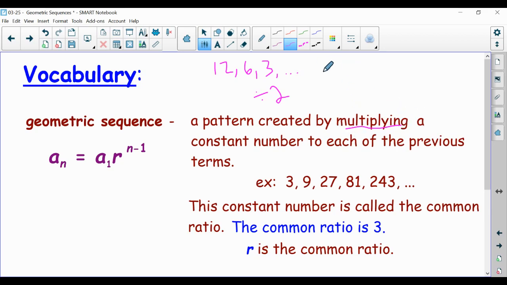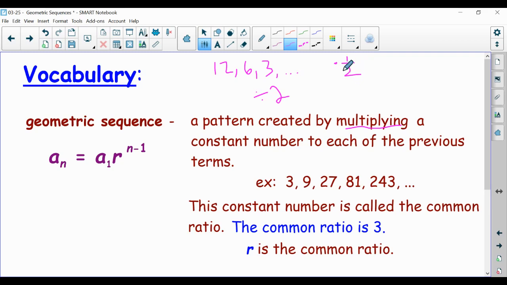So we would really say that it is being multiplied by 1 over 2, because remember, fractions represent division for us. So dividing by 2 and multiplying by 1/2 is how we would tell what it's multiplying by if this is a decreasing geometric sequence.